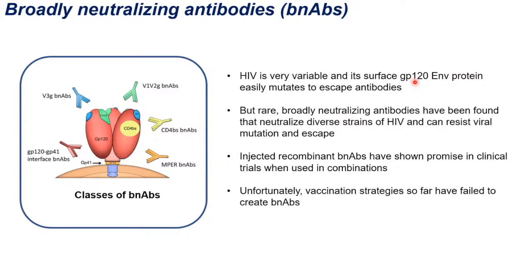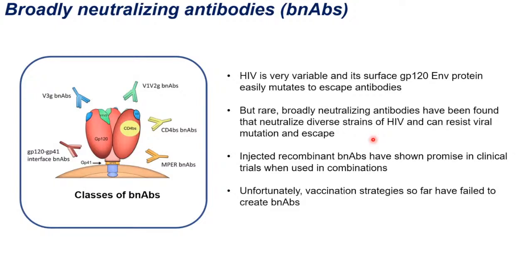It's very analogous to the spike protein in the coronavirus, which also easily mutates and changes. So if there are antibodies recognizing the GP120 protein, little mutations can easily throw off the antibody recognition. However, rare broadly neutralizing antibodies have been identified that are hard to mutate against.